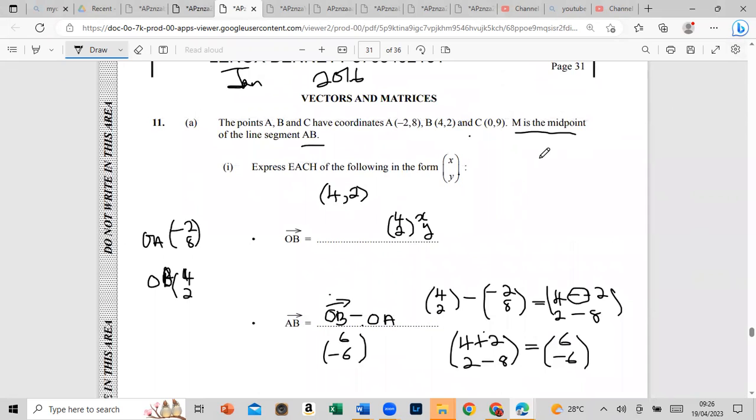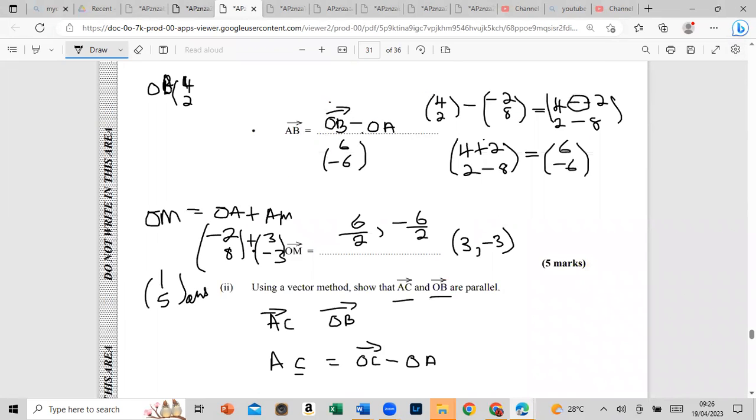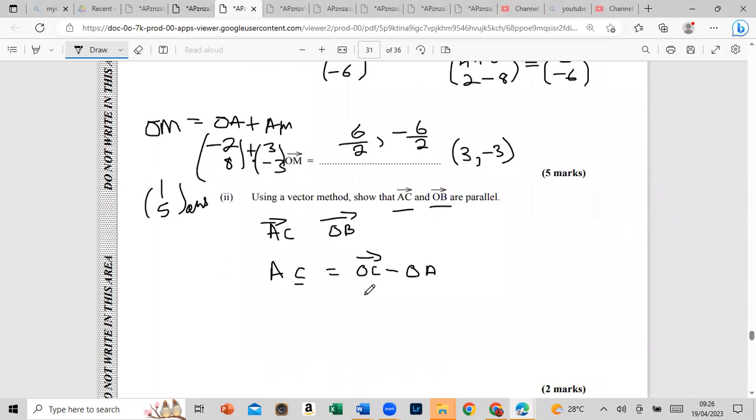OC was 0, 9, that was given, minus OA. What was OA again? Let's go back up. OA is negative 2, 8.